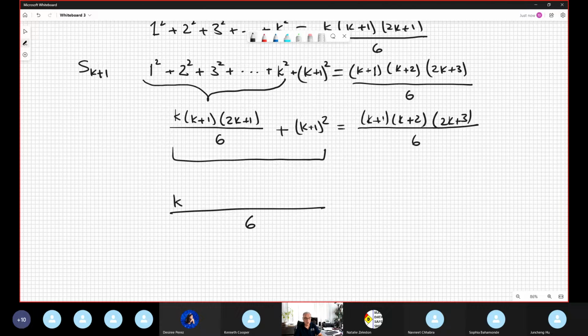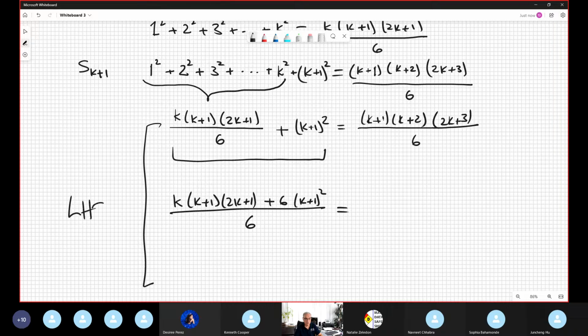I then have k plus 1, times 2k plus 1, plus 6 times k plus 1 squared. For a moment, I don't touch that one. I manipulate the left-hand side and the right-hand side. Maybe I'm doing something right or not.